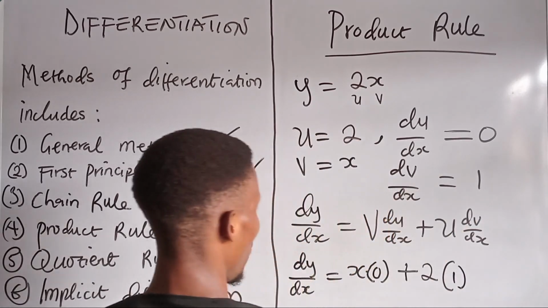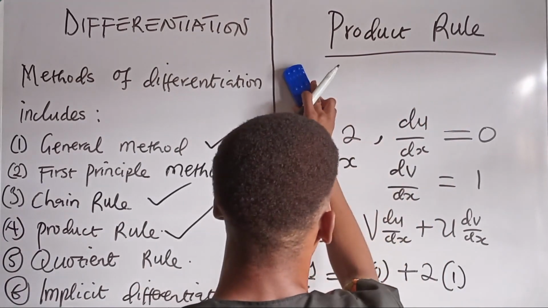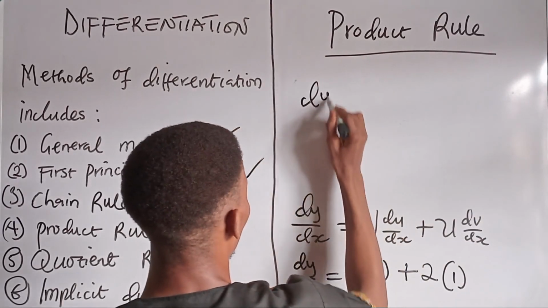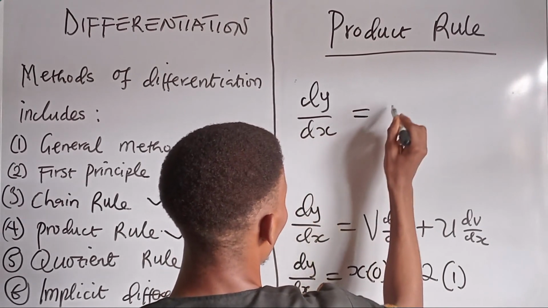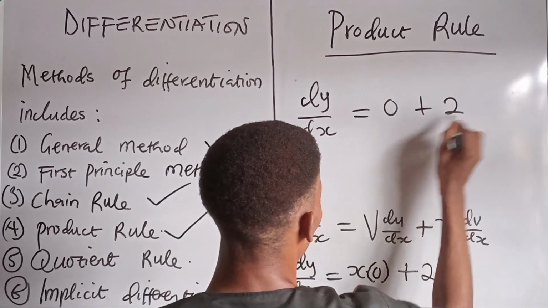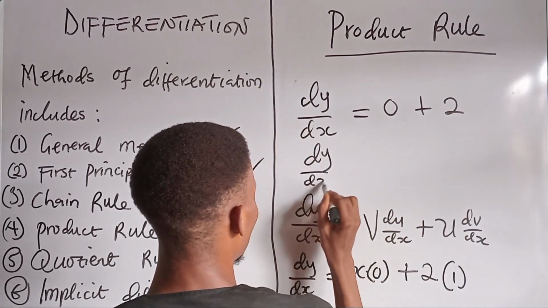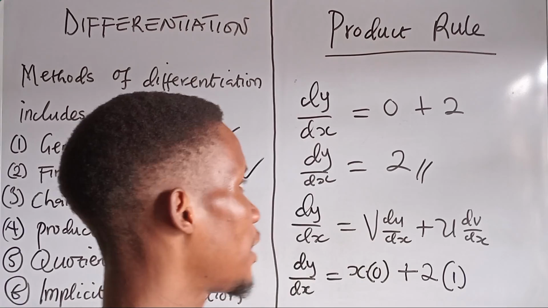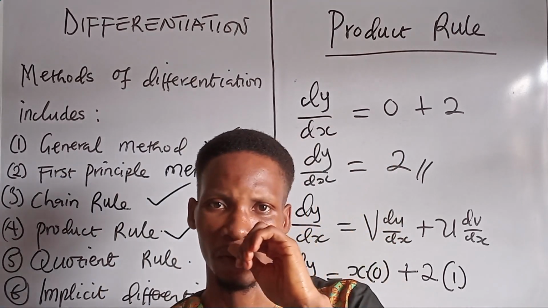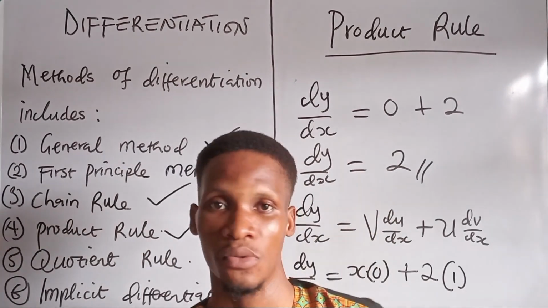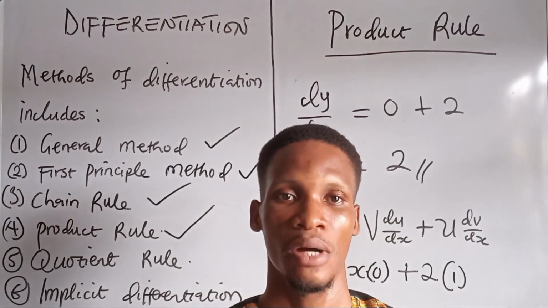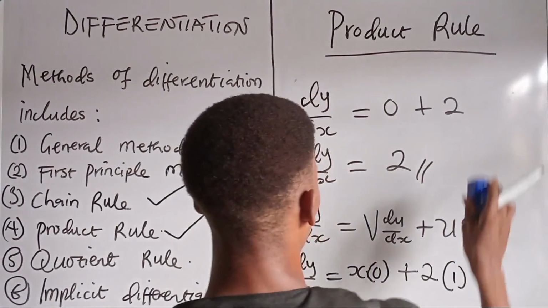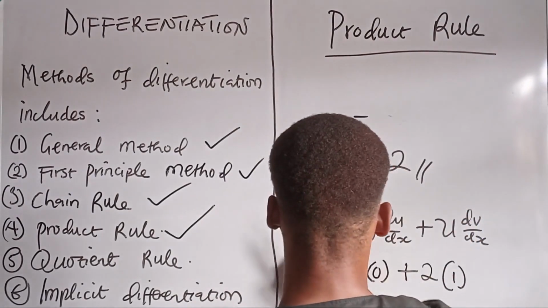So now our dy over dx is equal to 0 plus 2, which is 2. If you apply the general method to solve this, you're going to also get 2 as the answer. Let's look at another example and see if we're also going to get the same.